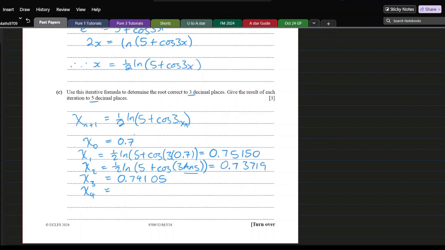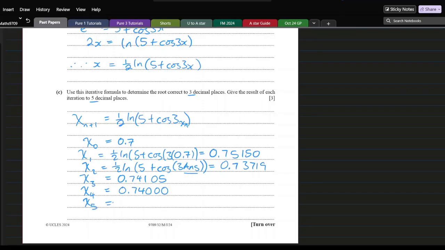So press equals again, don't change anything. This is 0.74000. Okay, and then we go on to the next iteration.